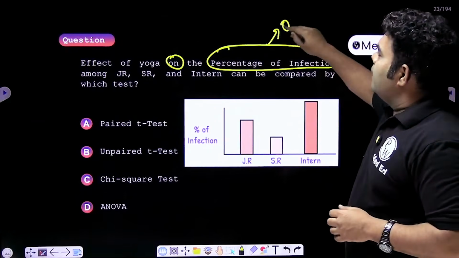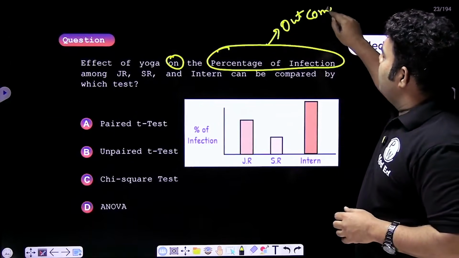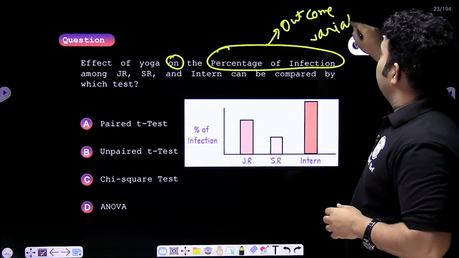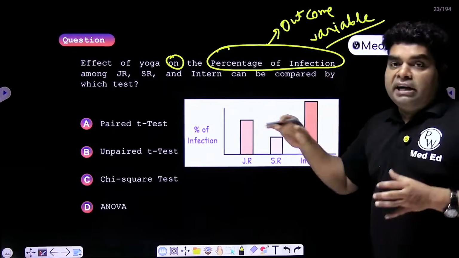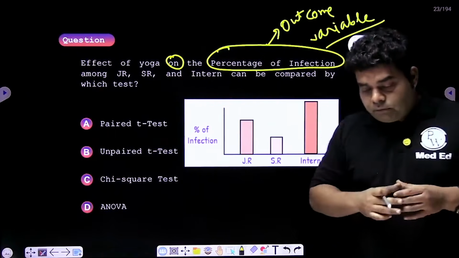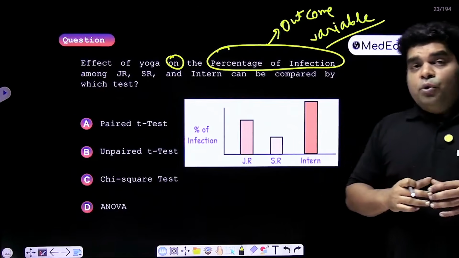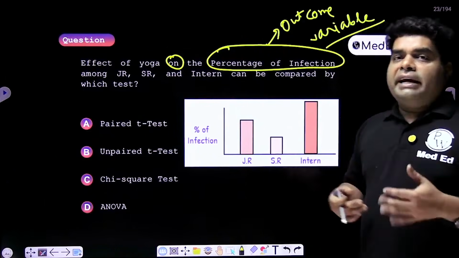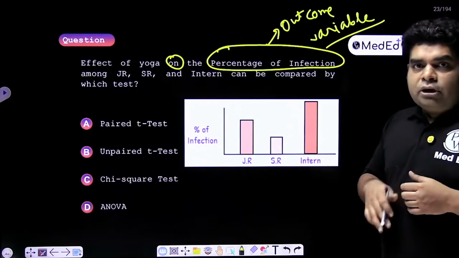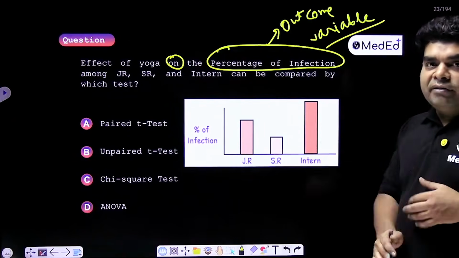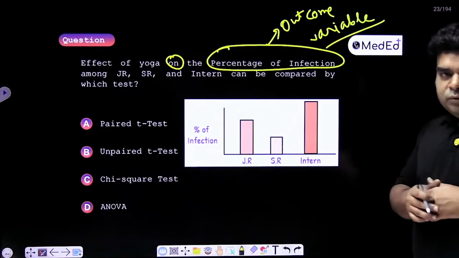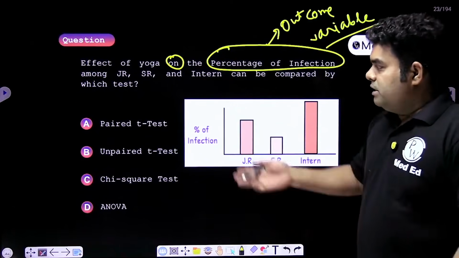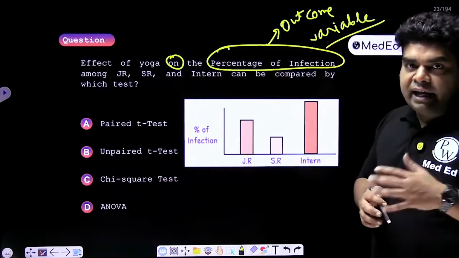So this is the outcome variable which we are comparing in three groups. Now, if you are looking at percentage of infection, just decide which type of data it is. Is it quantitative data or qualitative data? And your answer will be clear. So you give me the answer. Paired t-test, unpaired, chi-square, or ANOVA? What is the answer?